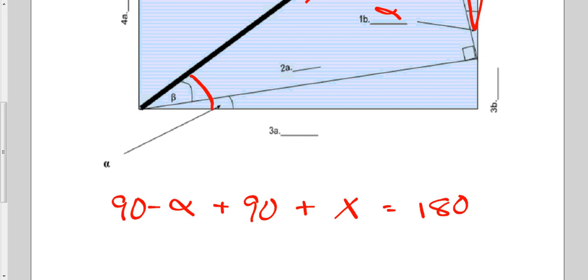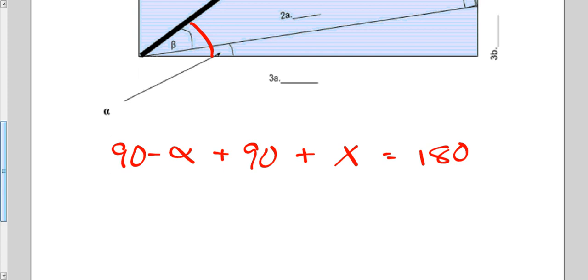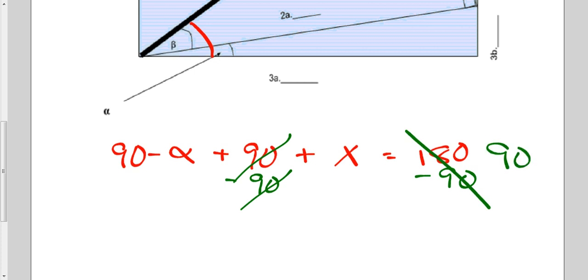And then I get x by itself. So the first thing I do is subtract 90 from both sides. Boom, boom. And this becomes 90. And then I subtract the other term. Boom, boom, boom.